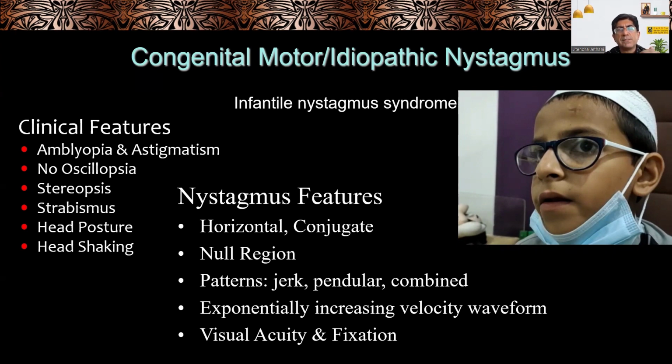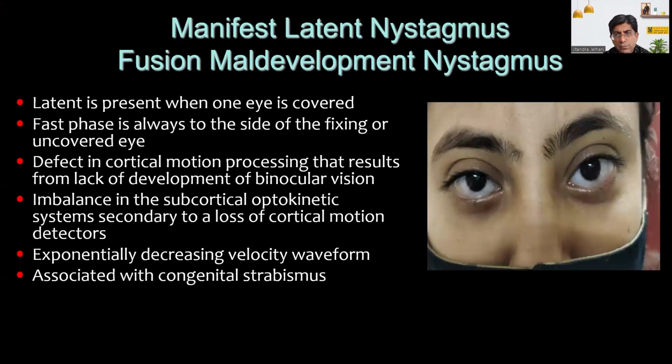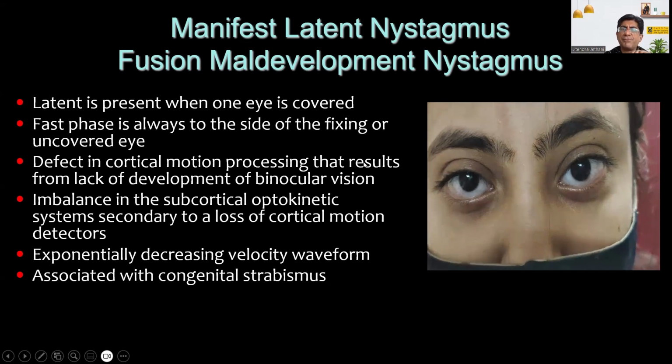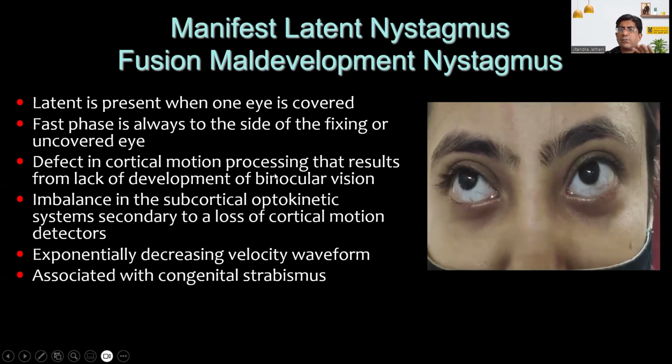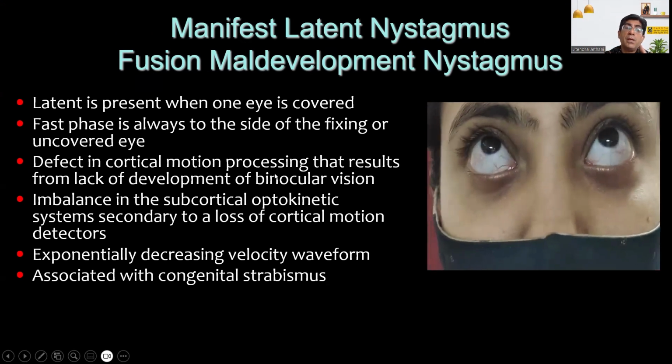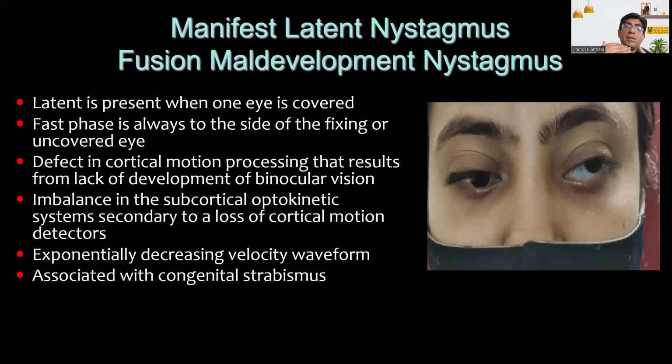The foveation period is slightly better in infantile nystagmus syndrome compared to fusion maldevelopment nystagmus, where you will see latent nystagmus is present. Whenever there is a latent nystagmus, the fast phase is toward the side of the fixing eye or the uncovered eye. There is a defect in cortical motion processing that results from lack of development of binocular vision.